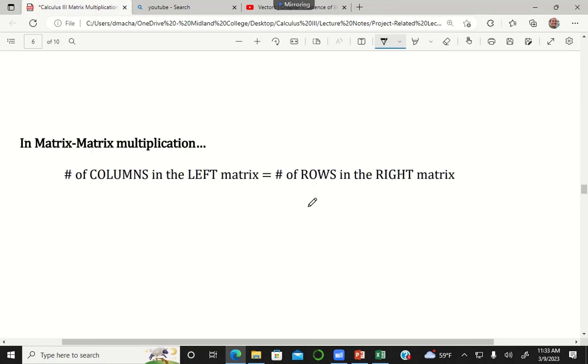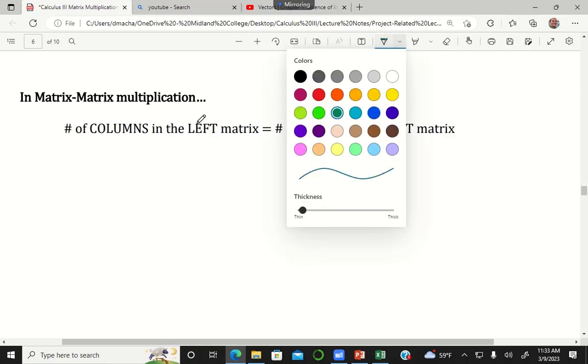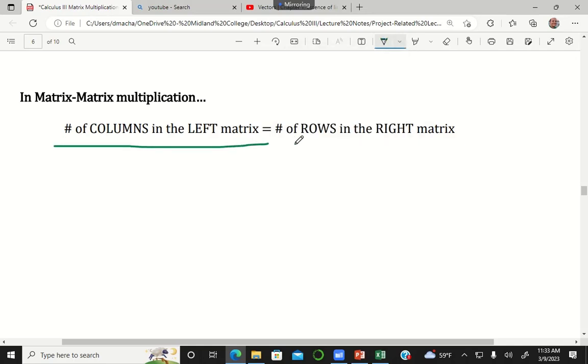So that's matrix-vector multiplication. In matrix-matrix multiplication, though, the number of columns in your left matrix has to match the number of rows in your right matrix. And there's no typo here. This is actually correct. The way that I think about this is I have this left matrix that has rows times columns.